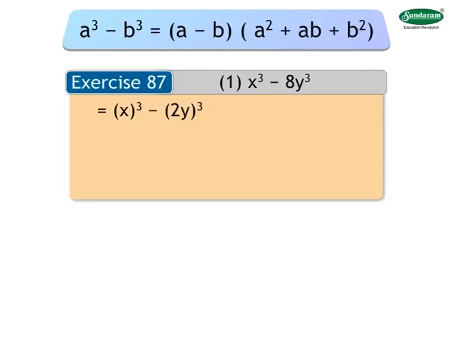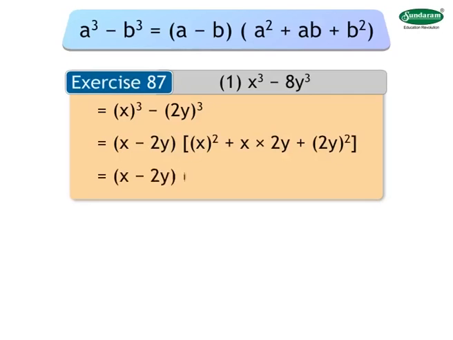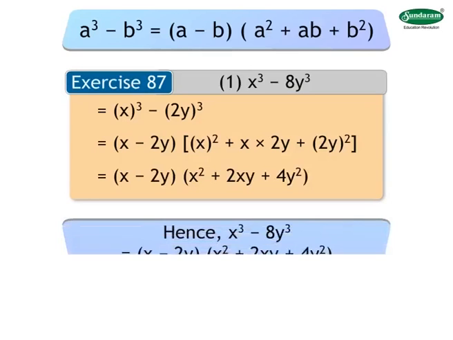Substituting the values of a and b in the formula, we get x minus 2y in one bracket and x the whole square plus x into 2y plus 2y the whole square in other bracket, which is equal to x minus 2y in one bracket and x square plus 2xy plus 4y square in other bracket. Hence, x cube minus 8y cube is equal to x minus 2y and x square plus 2xy plus 4y square.